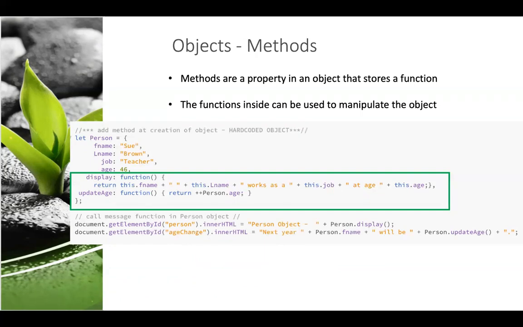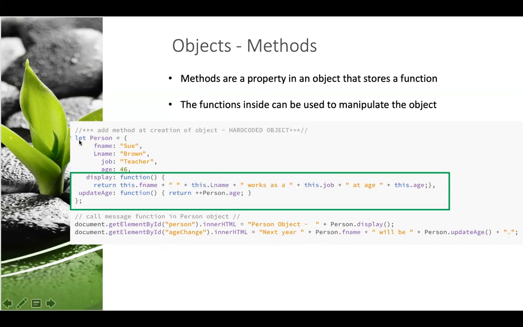If it's a standalone function in your JavaScript, you just call it on click, whatever. But a method is one that stores a function inside of an object, which is a very fine differentiation. The functions inside can be used to manipulate the object.